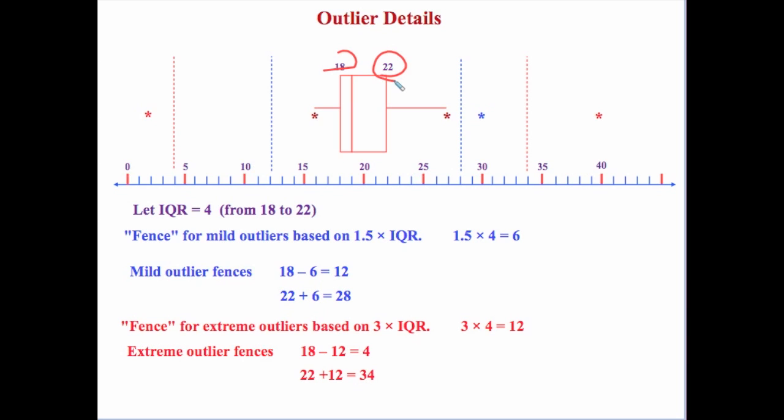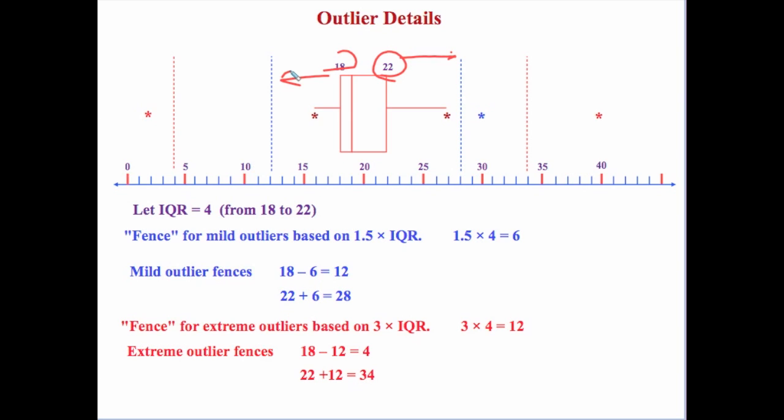For my fence, for my mild outliers, that's going to be 1.5 times 4, which would be 6. So I'm going to start at 22 and go to the right 6, which would put me at 28. And then I'm also going to start at 18 and go to the left 6, which would put me at 12. So those are the fences for my mild outliers.